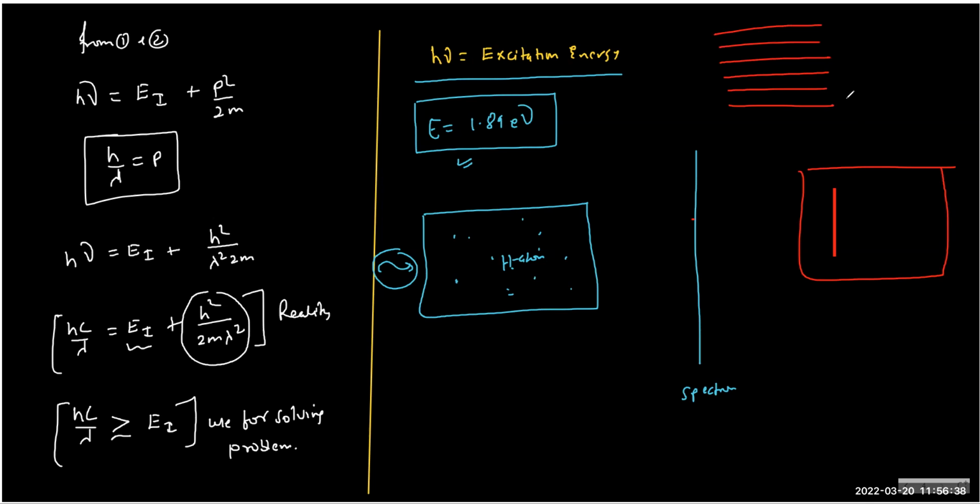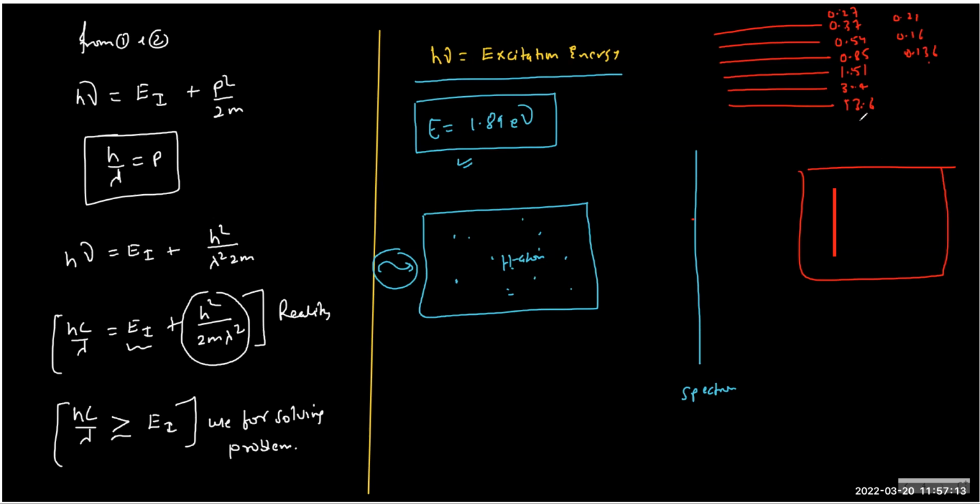We know this is 13.6, then a smaller value, 3.4, then 1.51, then 0.85, then 0.54, then 0.37, 0.27, 0.21, 0.16, 0.136.